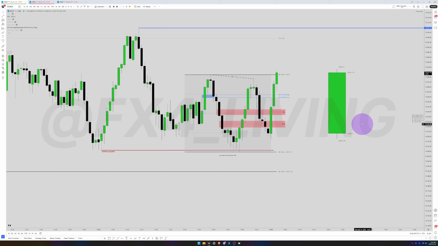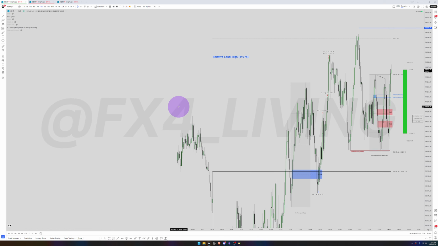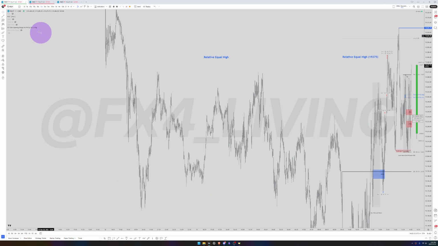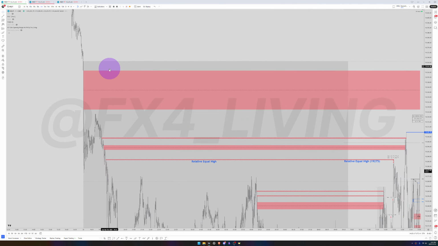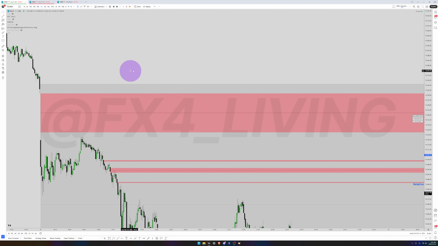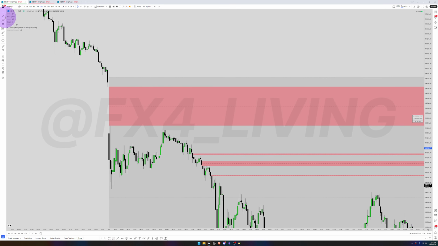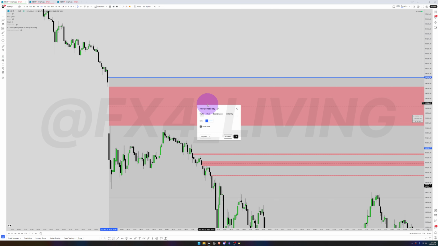The 4 hour also aligned with the previous 4 hour. We're very close to the weekly high. Yeah, it kind of makes sense to go back for that high. I want to mark the daily high. I can see it with this tool right here, but this is the daily high right here. It's actually the daily high.